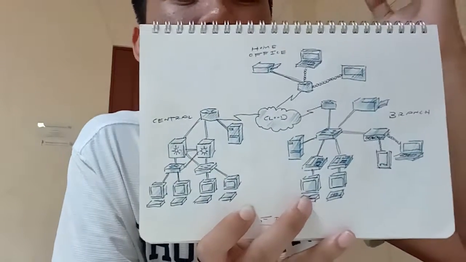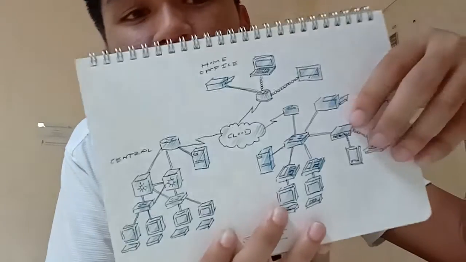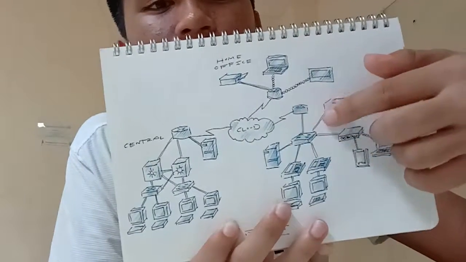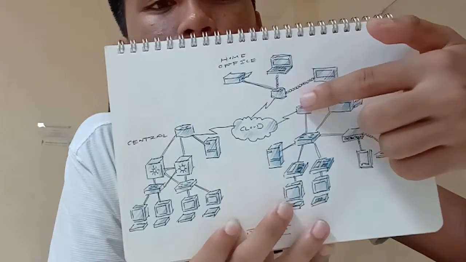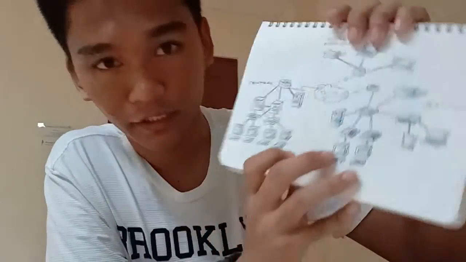Next is the medium, or the network media, which is a WAN, LAN, and this is a wireless connection. They connect the end devices to our intermediary devices, and the intermediary devices connect to the internet by our wide area network.